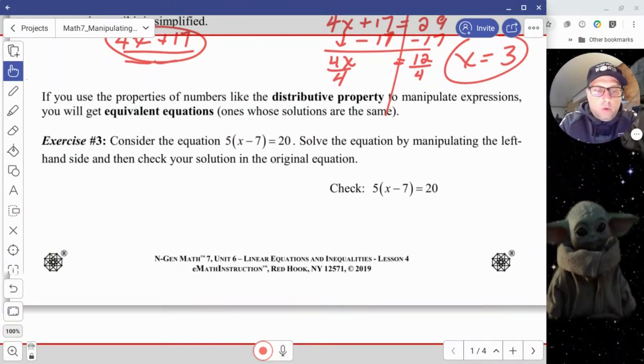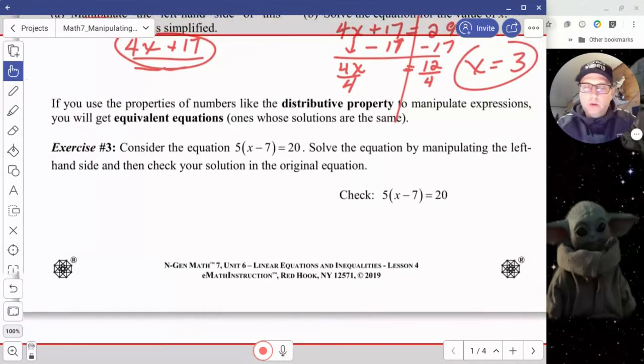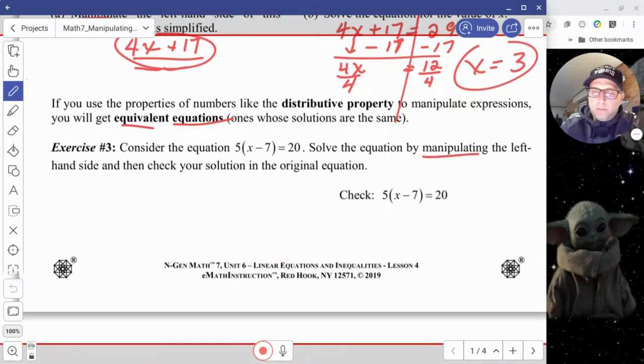Then you will get equivalent equations, ones whose solutions are the same. So let's consider this equation. Solve this equation by manipulating, changing the left-hand side, and then check your original solution.